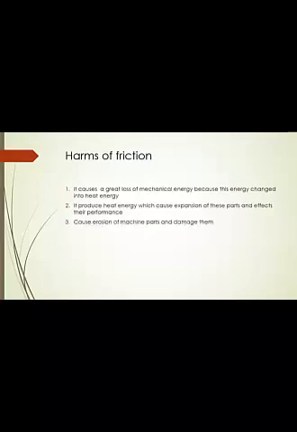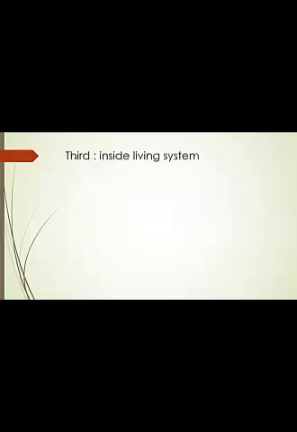Thirdly, it causes erosion of machine parts and damages them. So, how can we limit this friction force? By using lubricating and oiling of mechanical machines, for example, the oil used in the car engine.